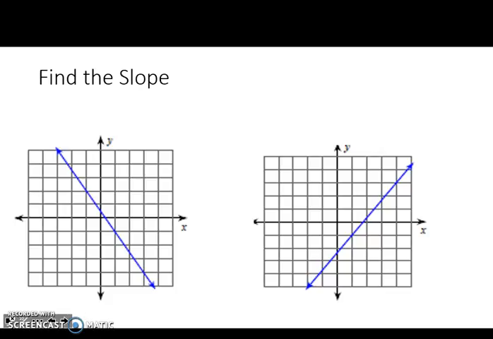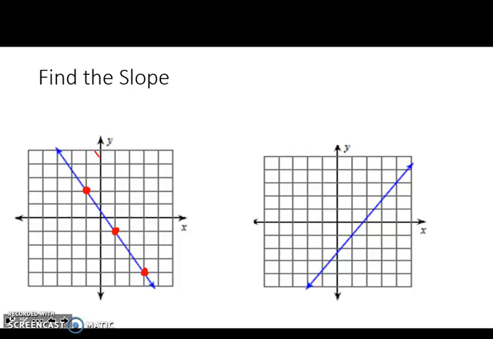So I always start at the end of the line and I just move down the line until I find a perfect corner point. So there's one. And if I keep moving, there's another one. And if I keep going, there's one more. Okay.